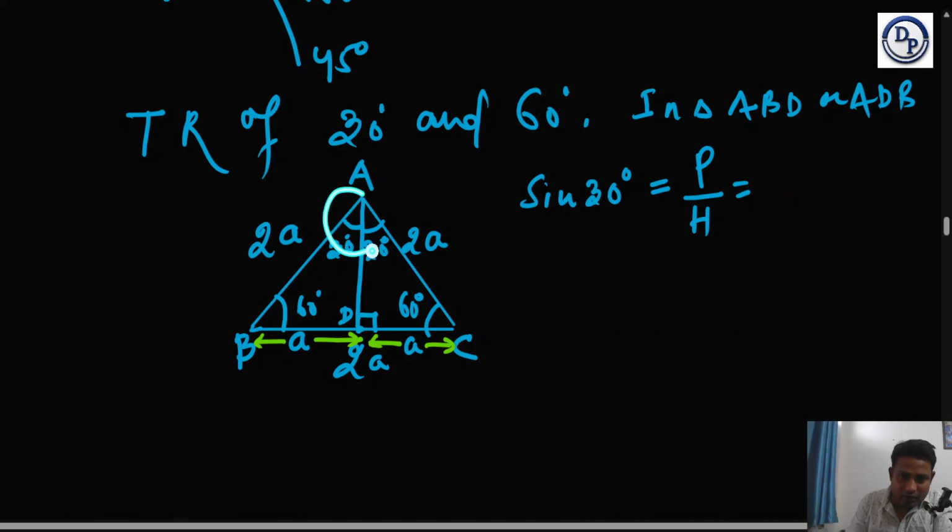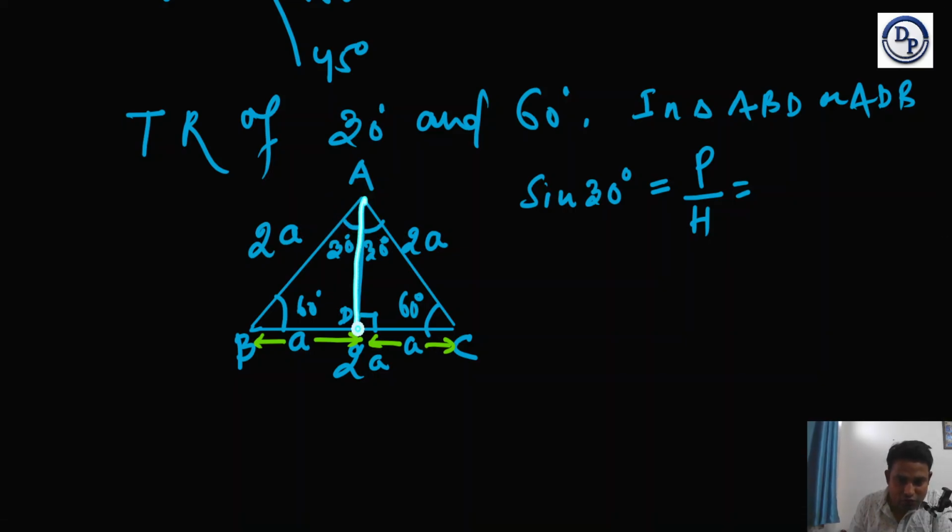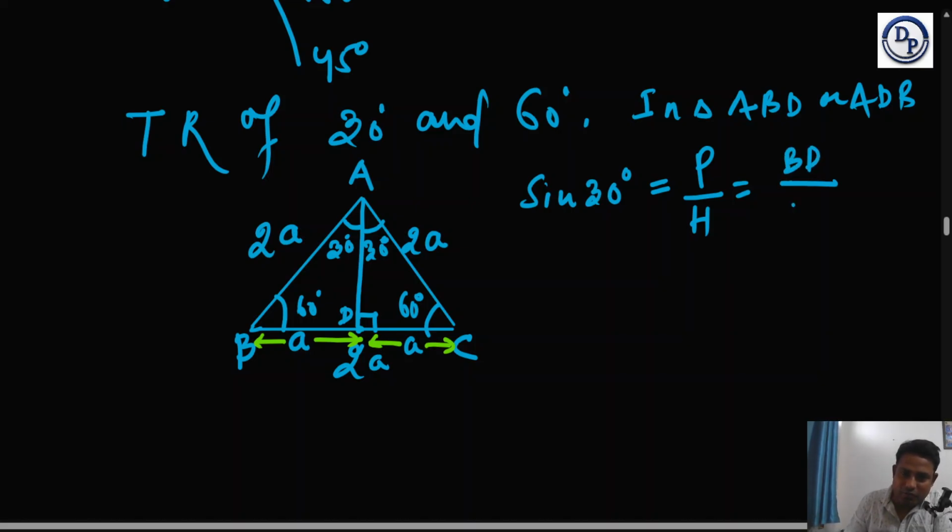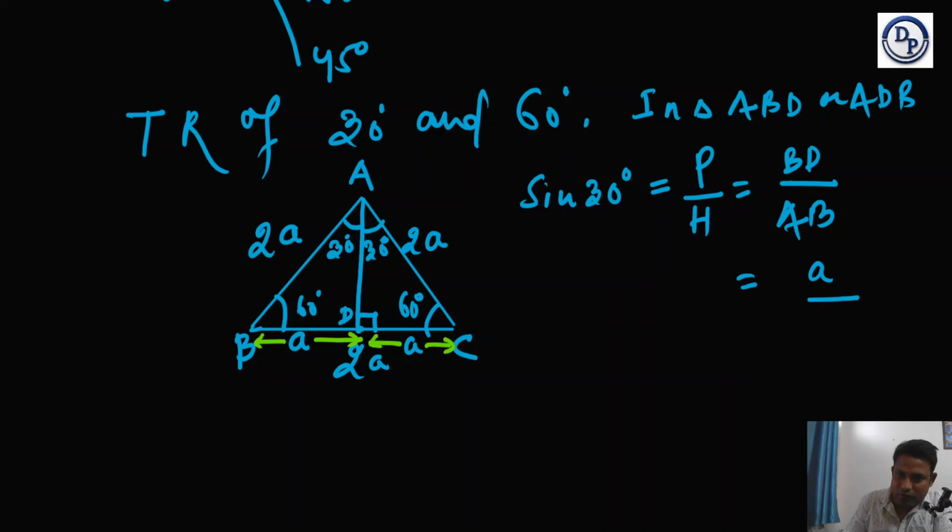This angle is kept on this side. So this AD is considered the base, whereas this BD is considered the perpendicular, and AB is obviously the hypotenuse. So P is BD, and H is obviously AB. Now BD's value is A and AB's value is 2A. We cancel it and make it 1 by 2. So we get sin 30 equals 1 by 2.